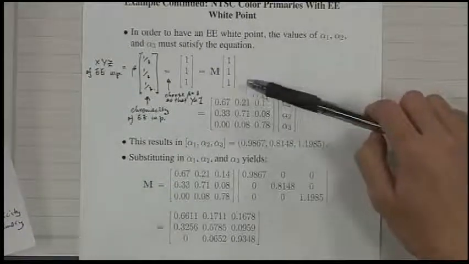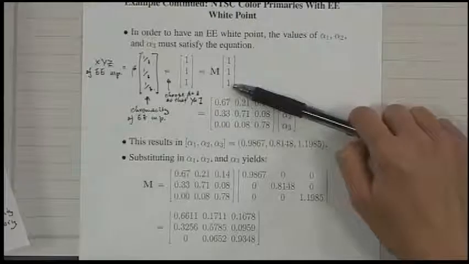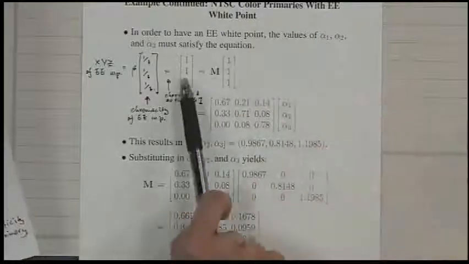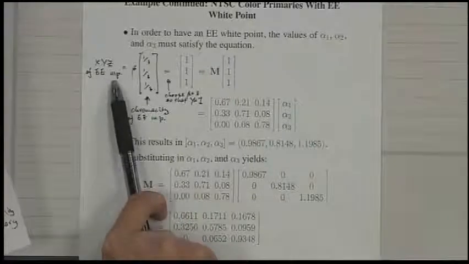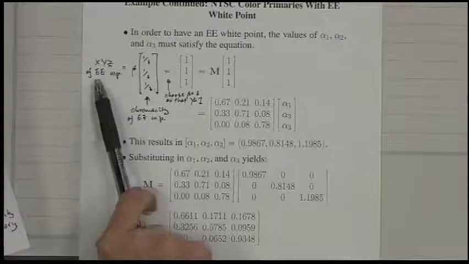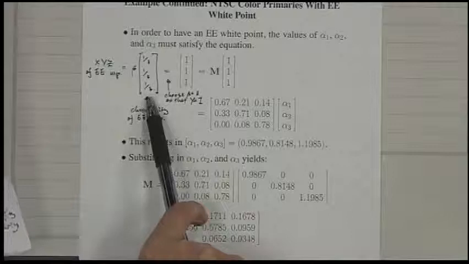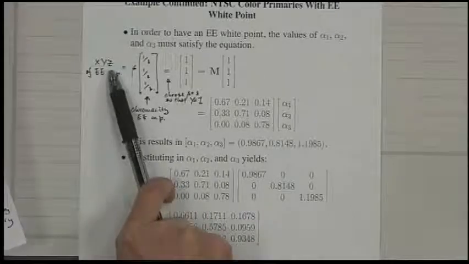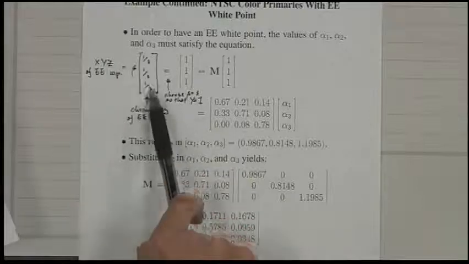But we can also think about it this way: if the RGB value equals 1, 1, 1, then the left-hand side should be the XYZ coordinate of the equal energy white. And given that we know that the equal energy white has chromaticity 1/3, 1/3, 1/3, this XYZ coordinate would have to be a scalar multiple of the 1/3, 1/3, 1/3 vector.